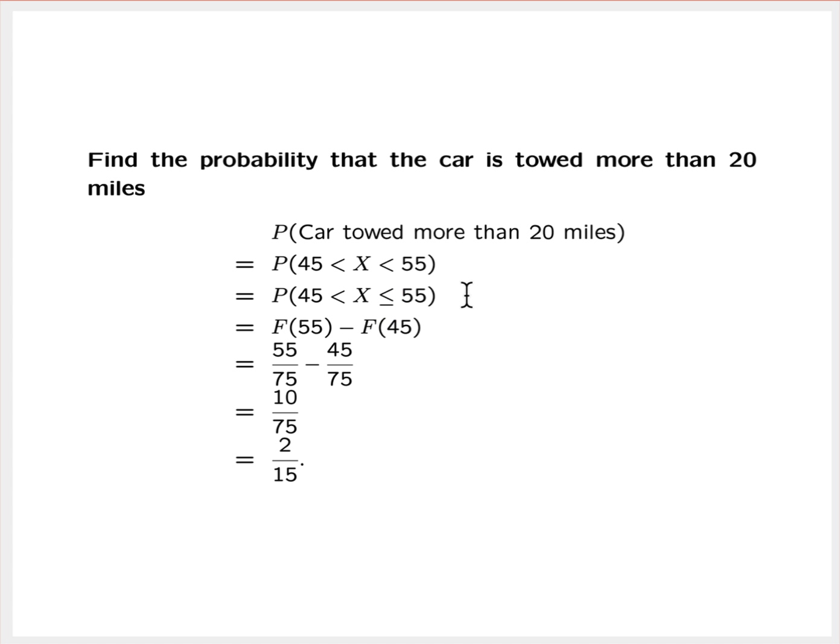Then I can use the CDF: the CDF evaluated at the upper endpoint minus the CDF evaluated at the lower endpoint. That gives me 55 over 75 minus 45 over 75, which is 10 over 75, or 2 over 15.